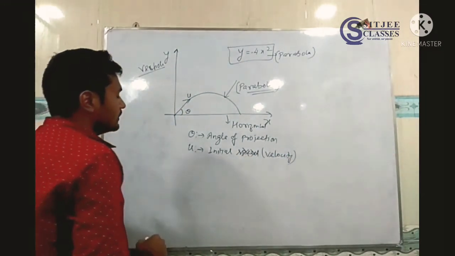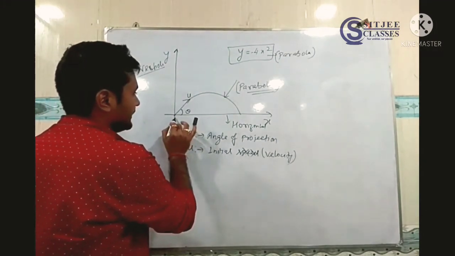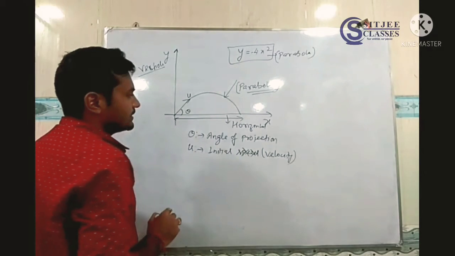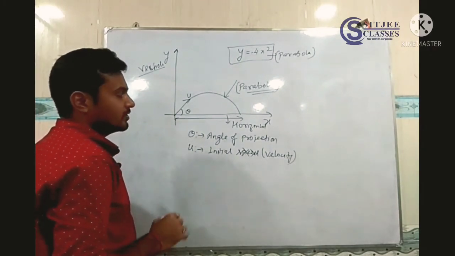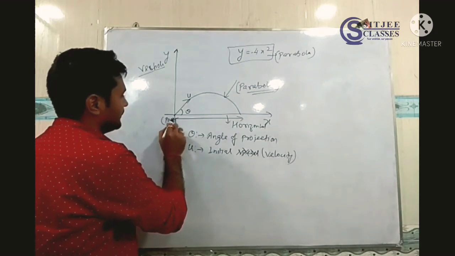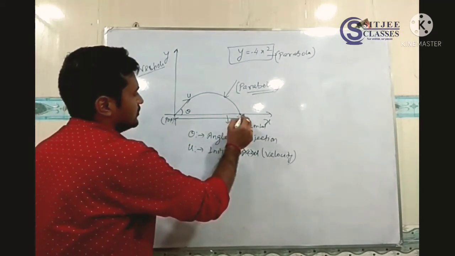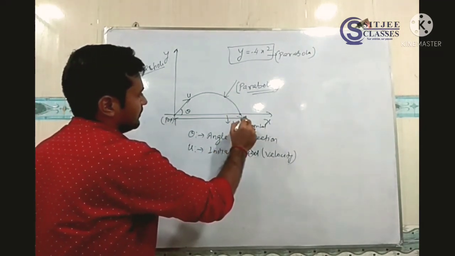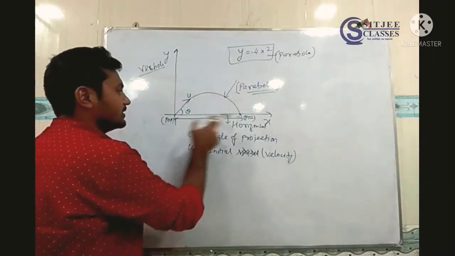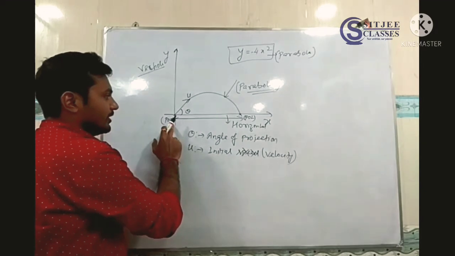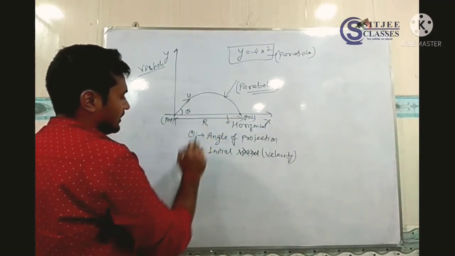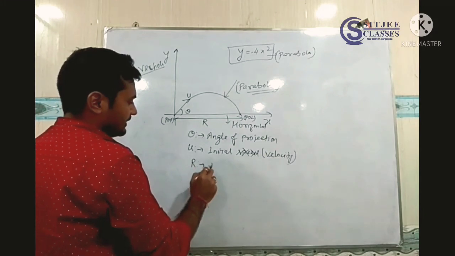Next, the projection on the ground is called the point of projection, POP. And where it is going to land is called the point of landing. On horizontal ground, the distance between the point of projection and point of landing, let us take the symbol R, is called the range.